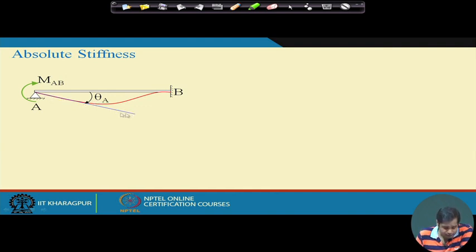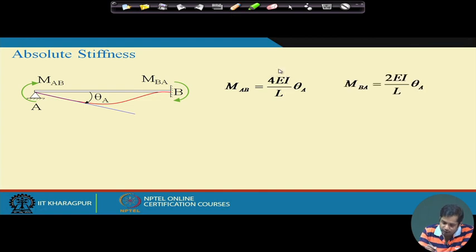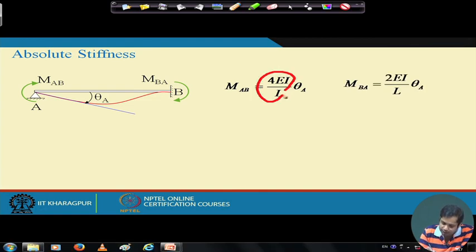This is the rotation at joint A, and joint B is fixed, therefore the slope at joint B is 0. Because of this moment, there will be some moment generated at B as well, which is the support reaction at B, say MBA, the moment at B in segment AB. We have already seen that this moment MAB is related to the rotation theta A as MAB equal to 4EI by L times theta A, where this term 4EI by L is the stiffness term, right.